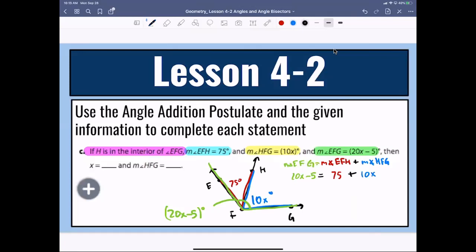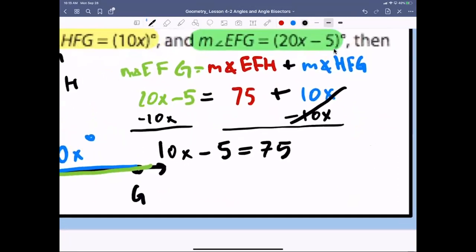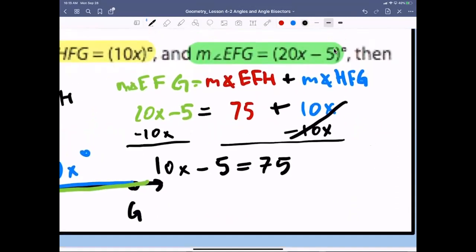So we're gonna do that by just following the regular rules. That's why we practice a lot of solving for x. So we're gonna do minus 10x to both sides, right? This is gonna go away. So we're gonna get 10x minus 5 is equal to 75 here. And let's zoom in over here so you have a better idea of what we're doing.